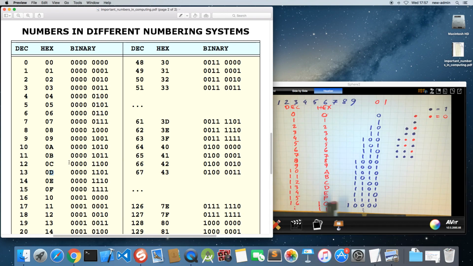So if we write these numerical numbers like this, you can see that the decimal number 12 is C in the hexadecimal system, and it is 1100 in the binary system. Number 5 is the same in both the decimal system and the hexadecimal system, and it is 101 in the binary system.